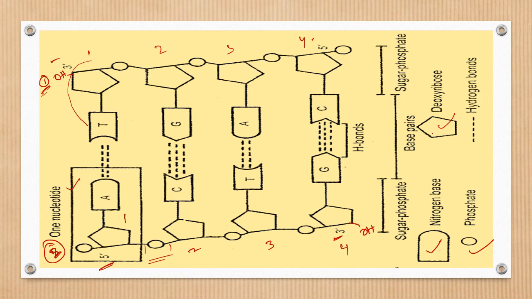These dotted lines are the hydrogen bonds. Just now we discussed that in pairing, adenine always pairs with thymine. With how many hydrogen bonds? Two hydrogen bonds. One, two. And similarly, cytosine always pairs with guanine with three hydrogen bonds.